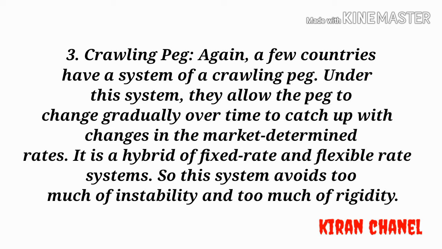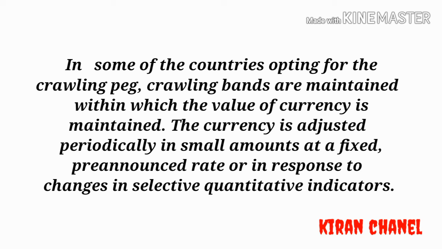3. Crawling peg. A few countries have a system of crawling peg. Under this system, they allow the peg to change gradually over time to catch up with changes in the market-determined rates. It is a hybrid of fixed rate and flexible rate systems. So this system avoids too much instability and too much rigidity in some of the countries opting for the crawling peg.